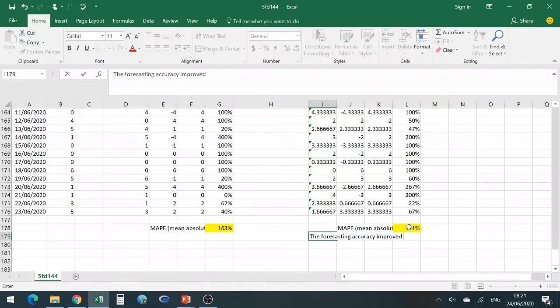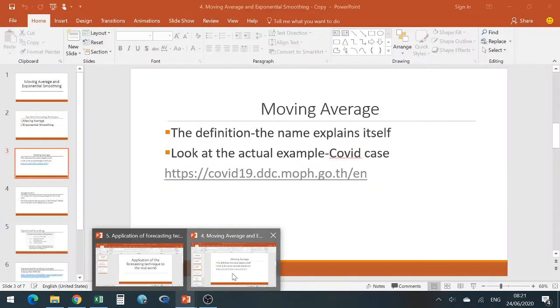If it's 0, that's perfect. The error is still high, but it's better than this. This is how you do the moving average.